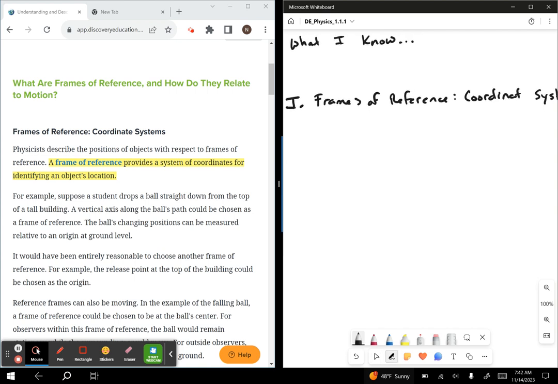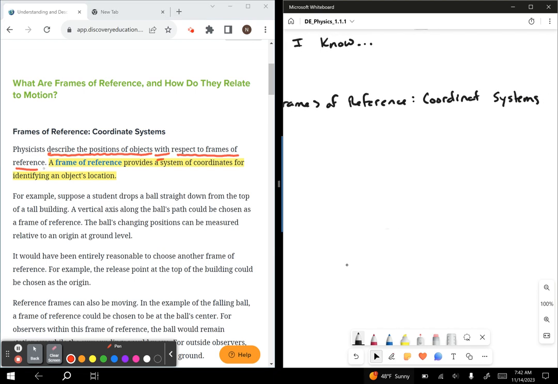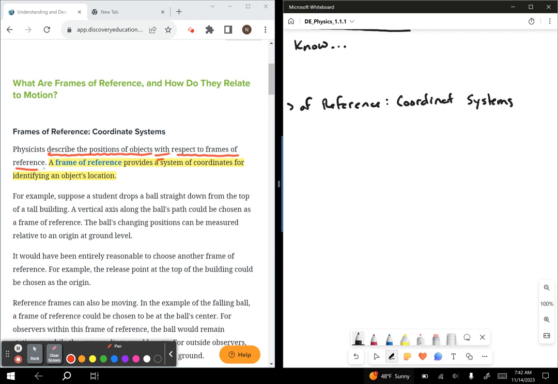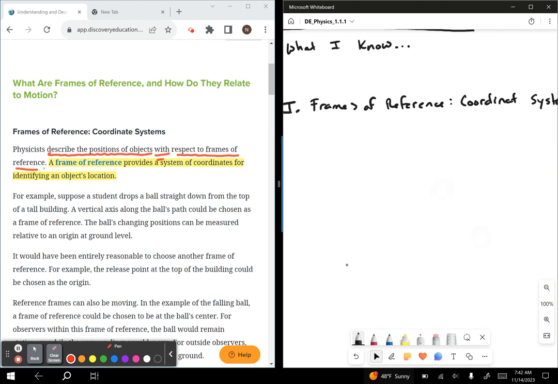Okay, physicists describe the position of objects with respect to frames of reference. Describe positions of objects relative to frames of reference. A frame of reference provides a system for identifying an object's location. Okay, so that's really what they do.